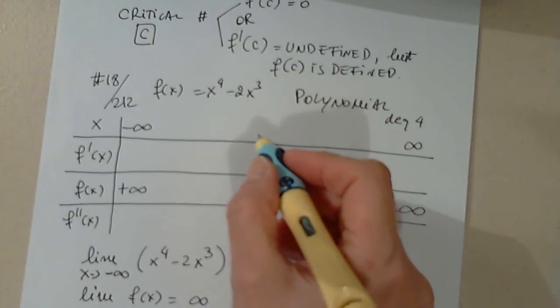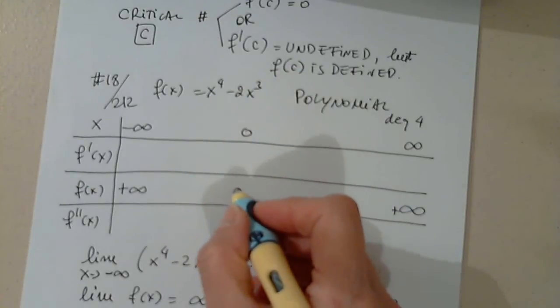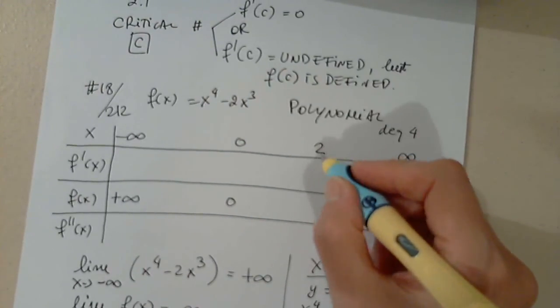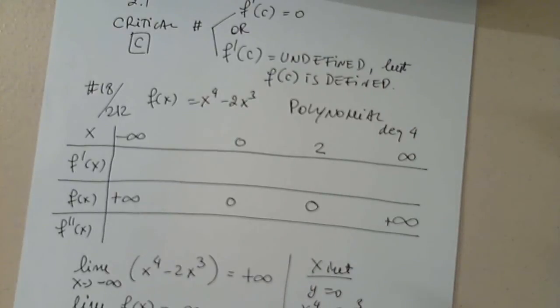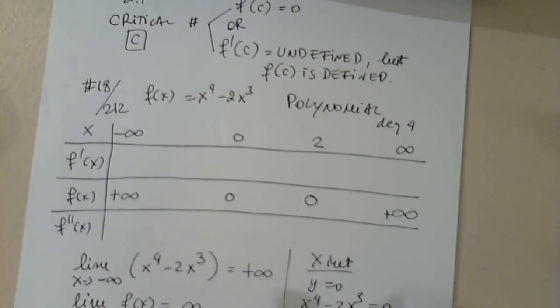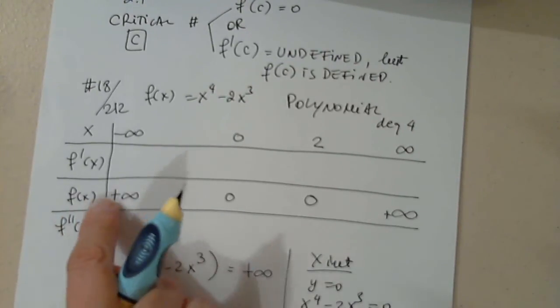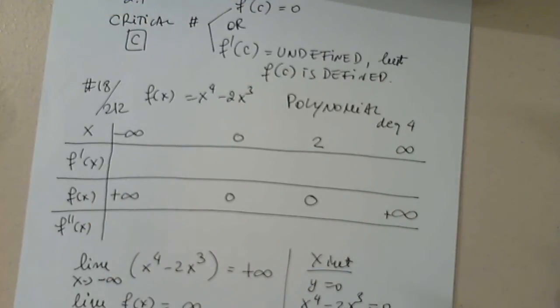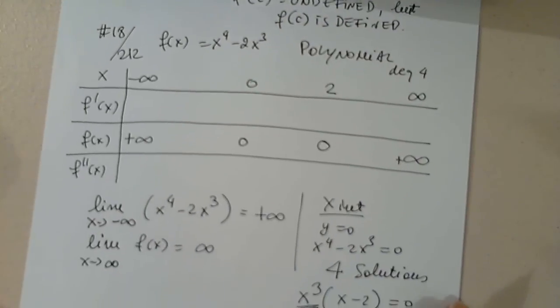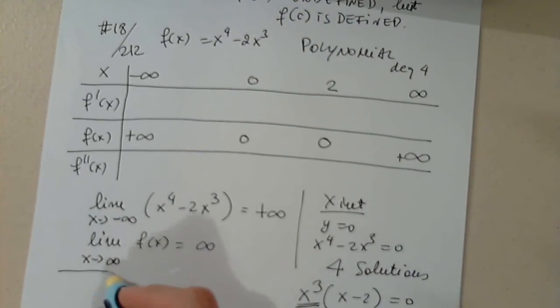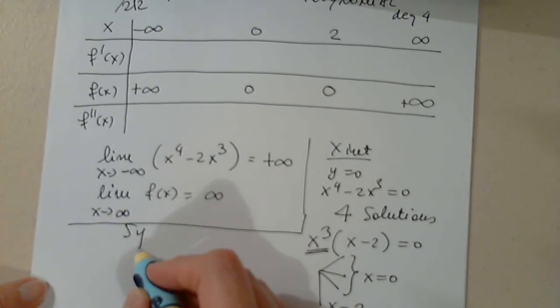So when x is 0, y is 0. When x is 2, y is 0. There's nothing else I can find about the function from the function itself: x and y intercepts and the limits. One other thing I could talk about right here is symmetry.